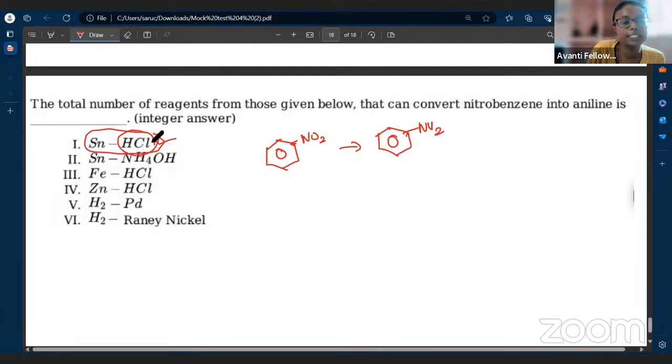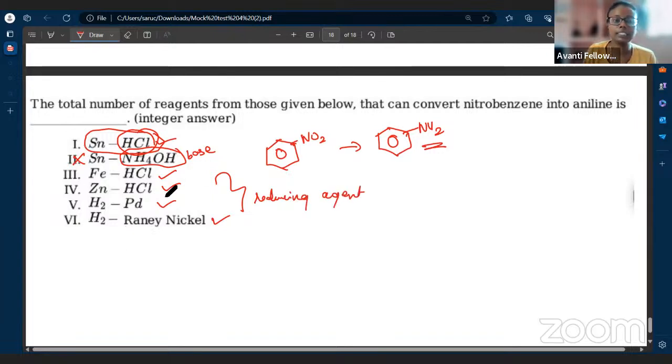In the presence of acid, it will give the aniline. But here you can see there is a base, so it will not give. Fe plus HCl will give, zinc plus HCl will give, hydrogen with palladium will give. All these are reducing agents. Therefore, except Sn/NH4OH, all the others can convert nitrobenzene into aniline.